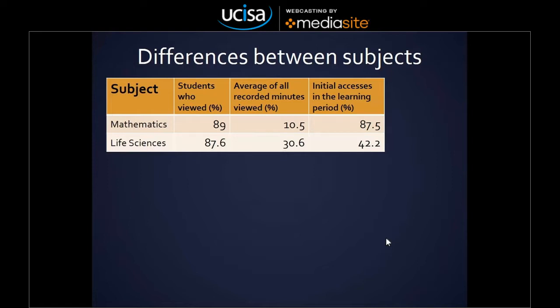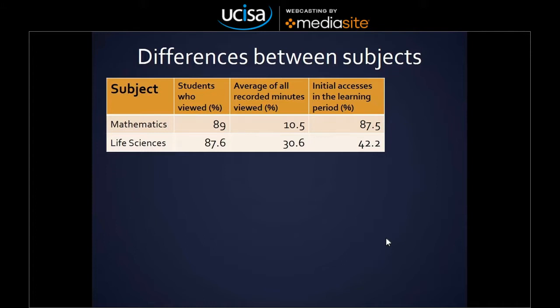So about the same percentage of students in the class viewed recordings, they used recordings, but the amount that they viewed was very different. In Maths, 10% of all the recorded minutes. In Life Sciences, 30% of all the recorded minutes. And another difference was in when it was used.